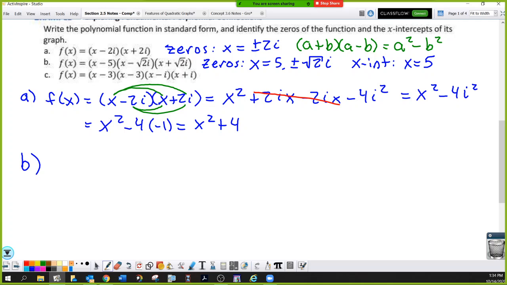How do I know it's a cubic? Because 3 linear factors would multiply to give me an x to the 3rd power. x minus 5, okay. Now, these next two things, x minus root 2i and x plus root 2i, are once again conjugates.